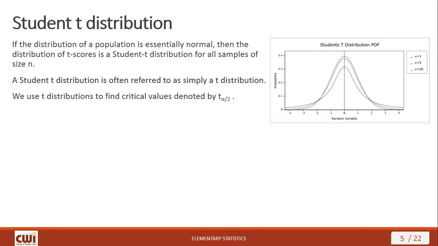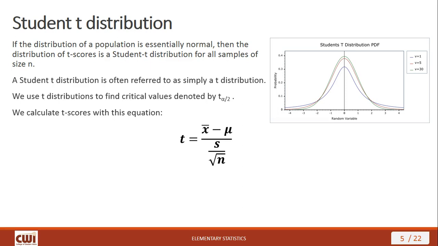We use t-distributions to find critical values denoted by t sub alpha over 2, as opposed to z-scores. These are now t-scores because they come from a different distribution called the student t-distribution. Here's the equation that we use to calculate a t-score. Notice that it's very similar to the equation that we were using to calculate z-scores.